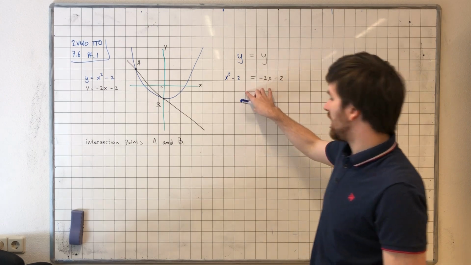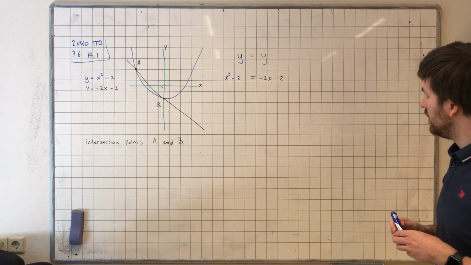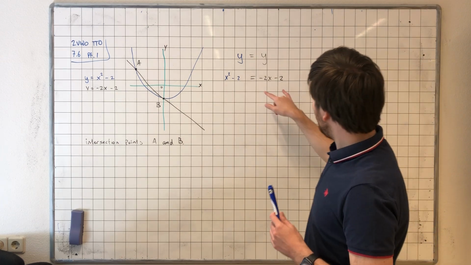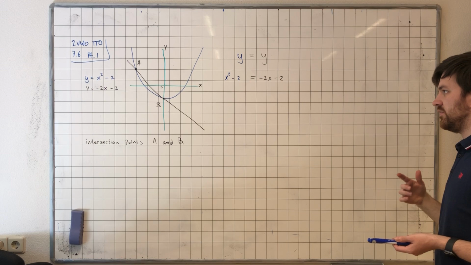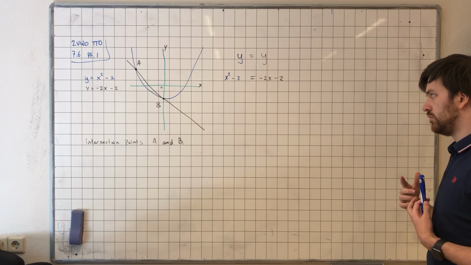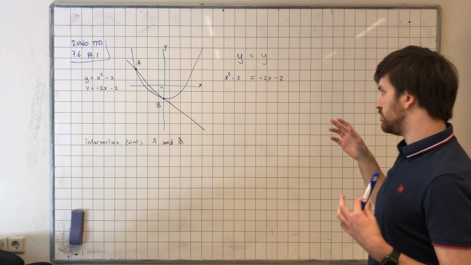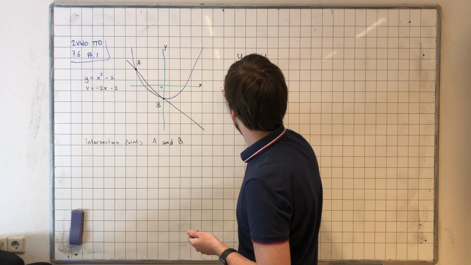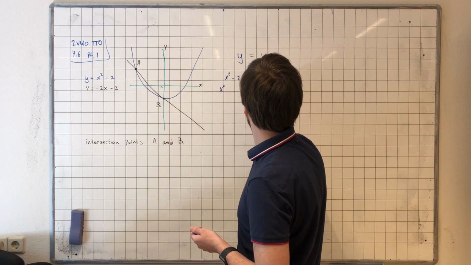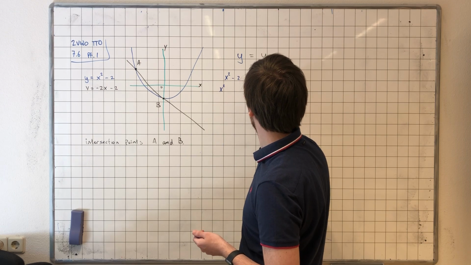So let's see what happens if we solve this. If I see something like this, the first thing I think of is the product sum method. To do that, I'm going to try and move everything to the left side. The x squared is already there. Then I'm going to add 2x to both sides.